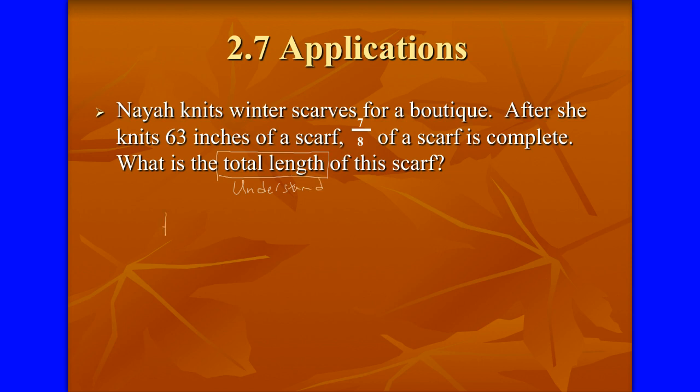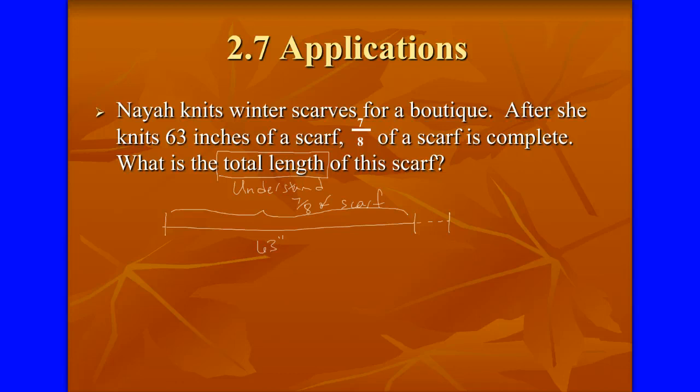Here's what you know. You have, at the moment, 63 inches, which is also 7/8 of the scarf. Pardon my bad handwriting. So this scarf really is a little bit longer, but I know that 63 inches is 7/8.